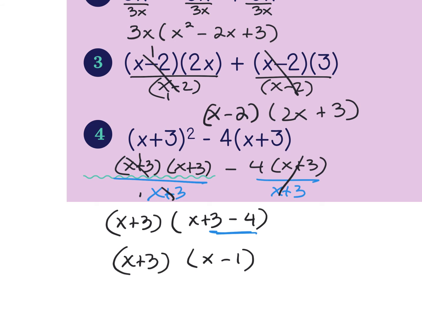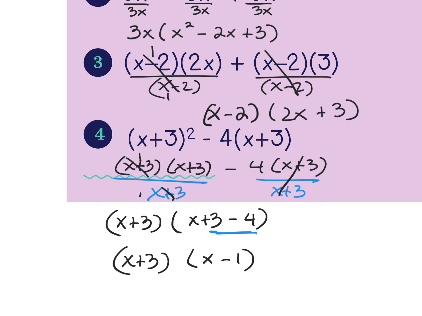And now I'm done. So that is examples of factoring out a greatest common factor that's either a monomial or a binomial. Next, we're going to talk about the difference of two squares.